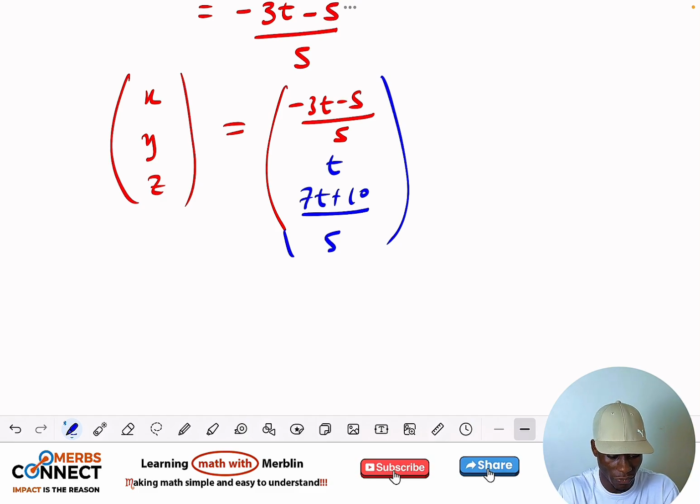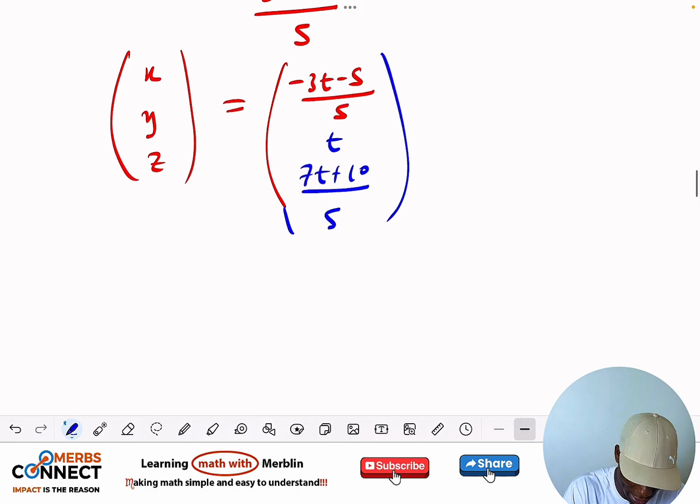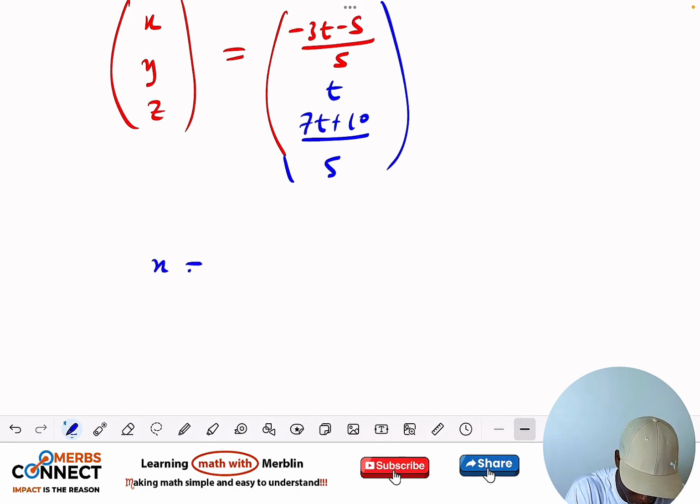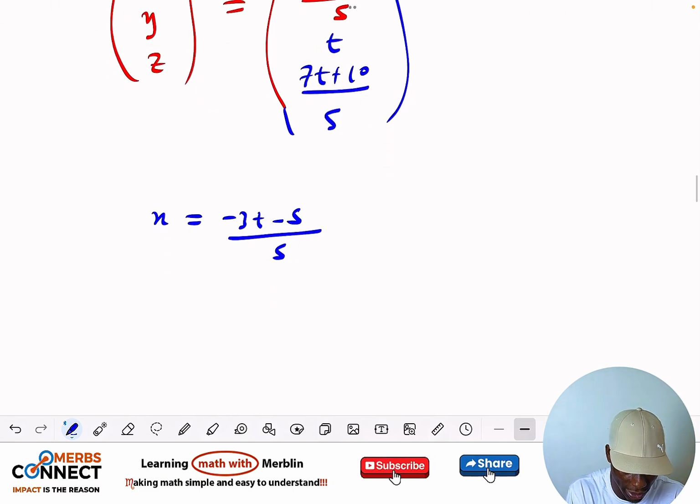So we can form this one in the parametric form. I can write this one as x is equal to minus 3t minus 5 divided by 5, and then I can make t the subject here.